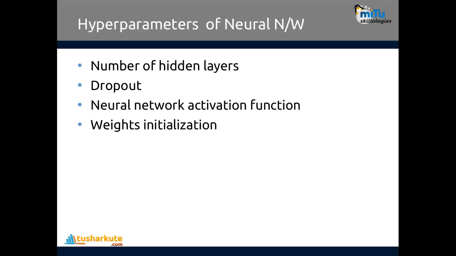Or the dropout rate, that we can also specify as a hyperparameter of the neural network. Or the activation function, or the weights initialization: how the weights should be initialized, what criteria to apply, or whether we specify them manually or not. So these are the common hyperparameters used for the artificial neural network.